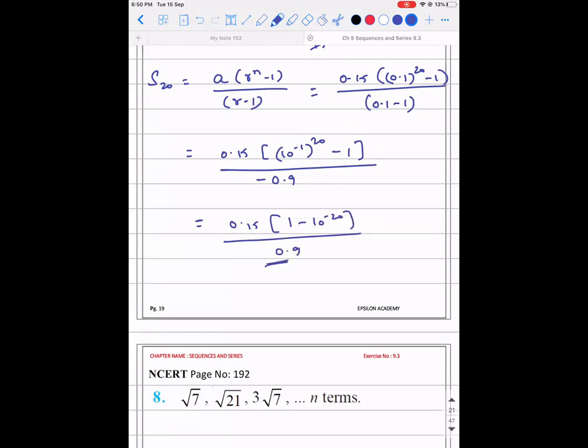How is the answer given in the textbook? Because 0.15 and 0.9 are divisible by 3.